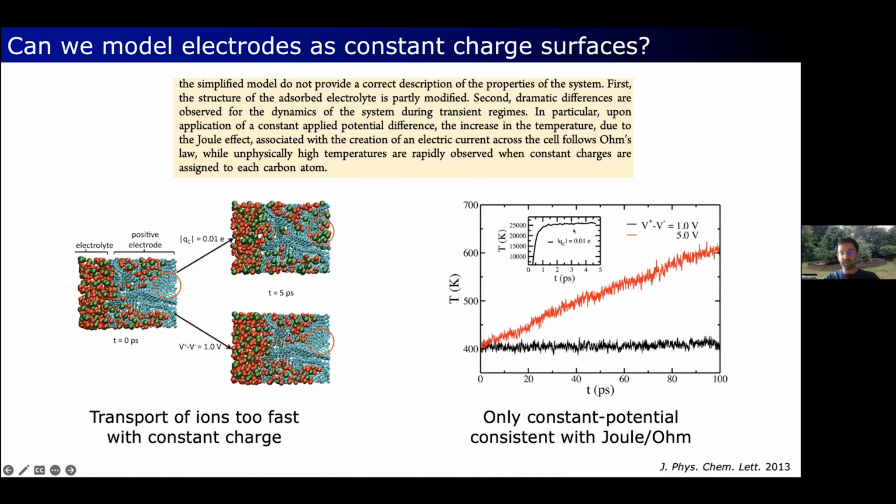And in fact, if you do the constant charge process, then within a few picoseconds, you reach completely unphysical temperatures. So it's really important to use this more expensive, but physically more relevant way of dealing with the electrons.